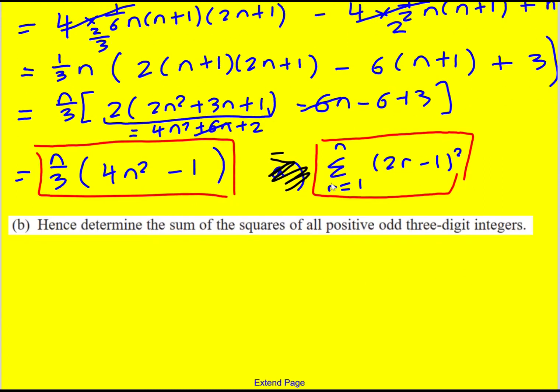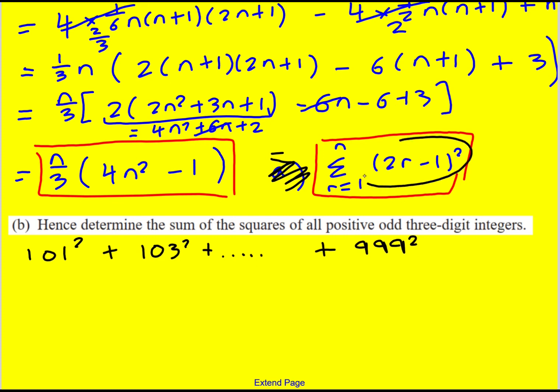Okay, the sum of the squares of all positive, odd, 3-digit integers. So the first one would be 101 squared. Then I'd be adding 103 squared all the way up to 999 squared. But these here are odd integers as well, because 2r minus 1 will definitely be an odd integer.